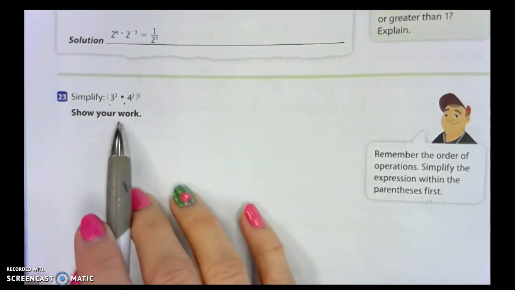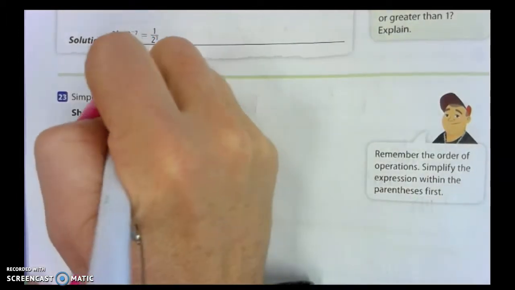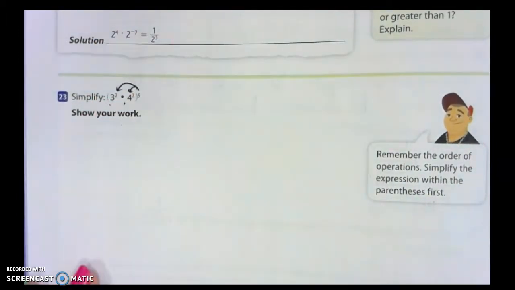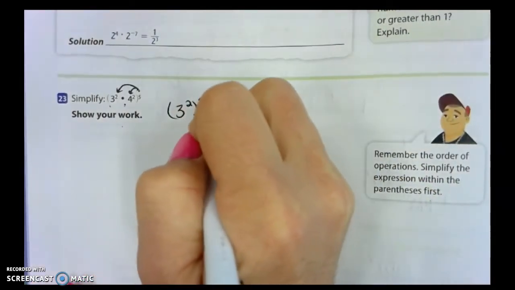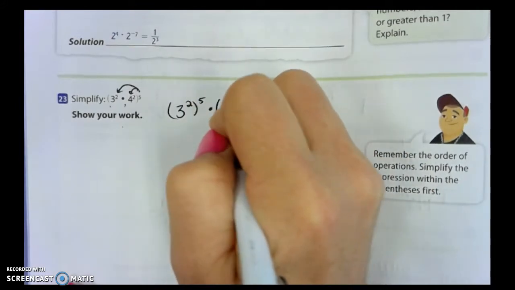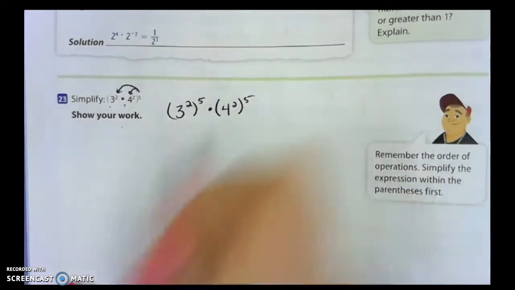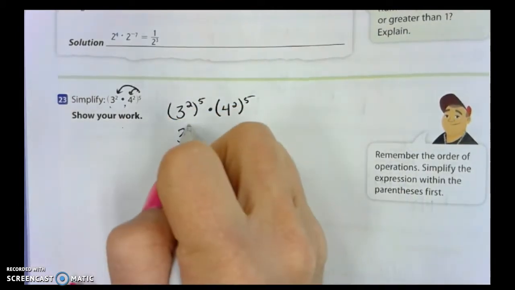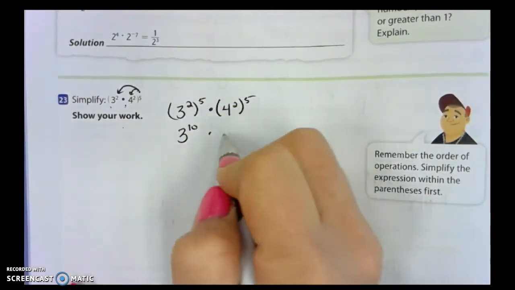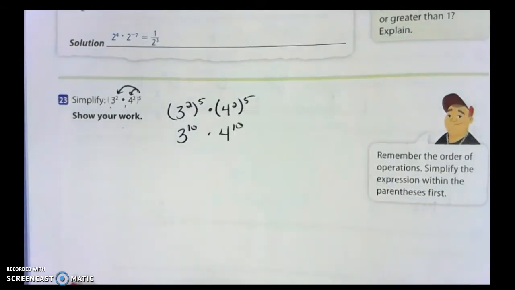What I'm going to do the first time I do this is distribute the 5. I'm distributing because my bases are not the same. Not sure what else to do. So 3 squared to the 5th times 4 squared to the 5th gives me 3 to the 2 times 5 is 10. 4 to the 2 times 5 is 10.